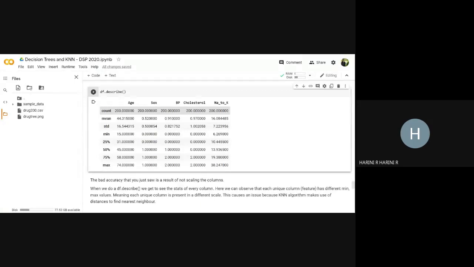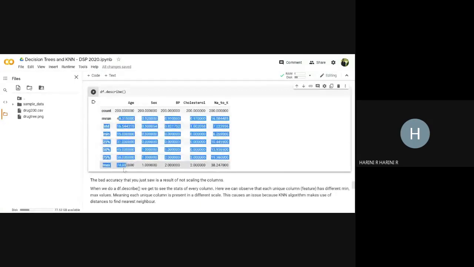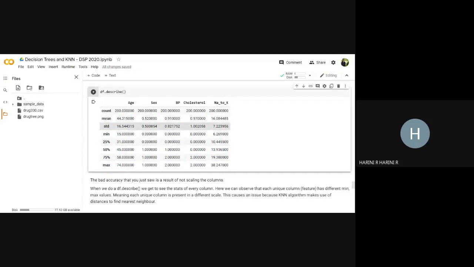Two points may actually be very close together, but because the age column has greater magnitudes, even a small difference in age is going to blow up that distance. So the age column is dominating what will be the actual distance. We don't want that to happen. We want all the attributes to be treated fairly while calculating the distance.